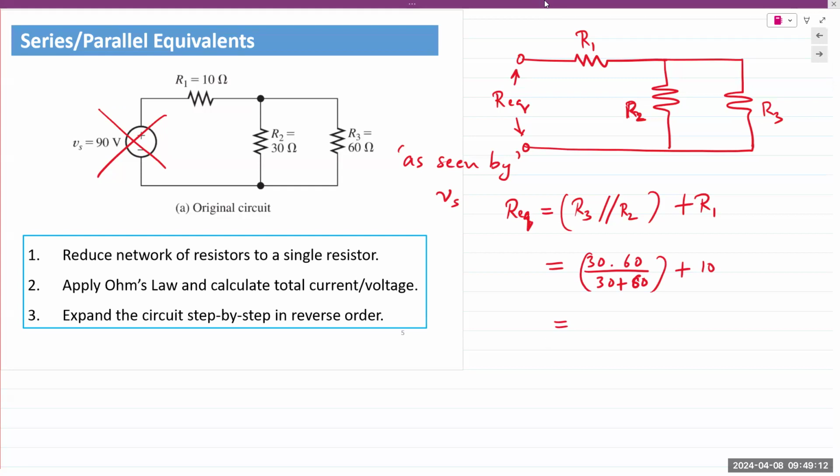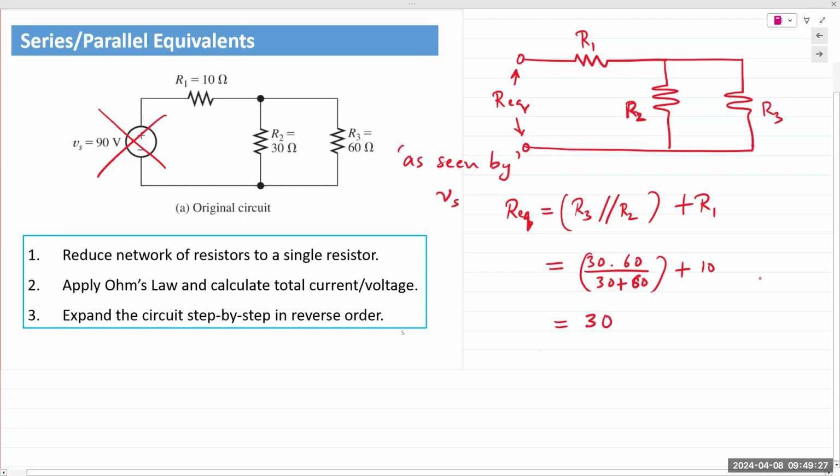What do we have? You don't even need a calculator for this. 30 times 60 is 1800 divided by 90, 20 plus 10. 30 ohms. Did everybody get 30? Or at least the people who are doing the calculation.